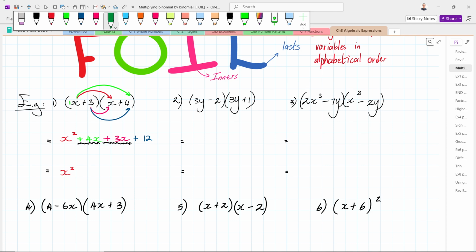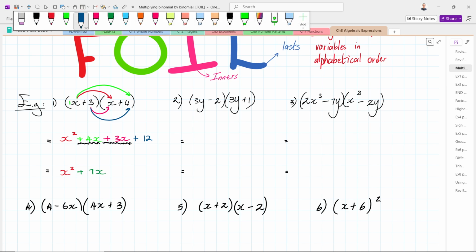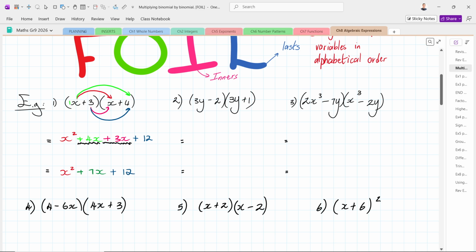Do this in this dark green. Again, that is just adding like terms. Okay, powers are not going to change. And then lastly, the plus 12 stays. And again, no more like terms, nothing more I can do. So that's how it's going to stay.